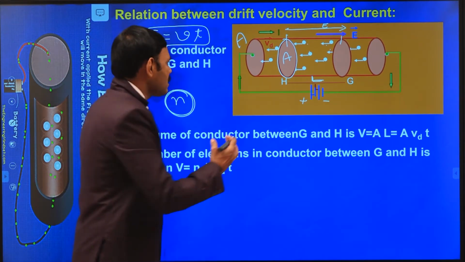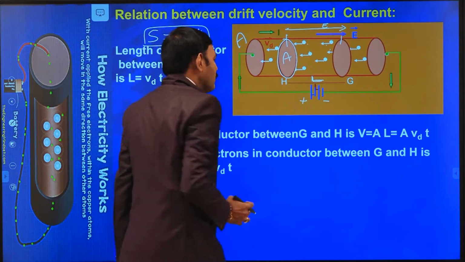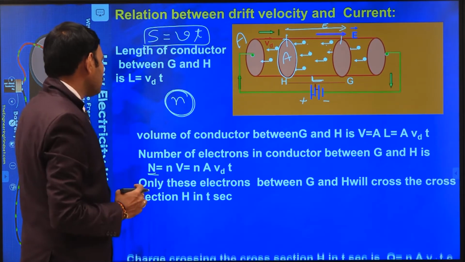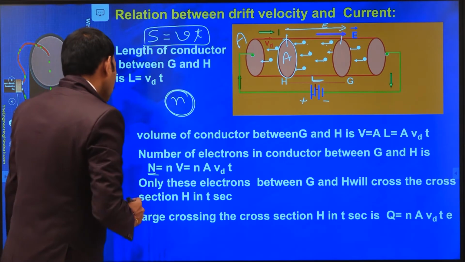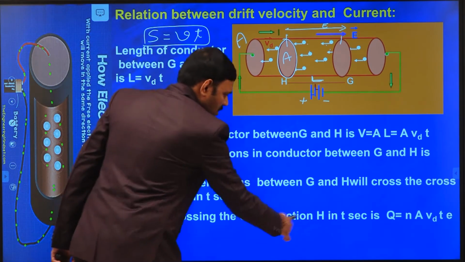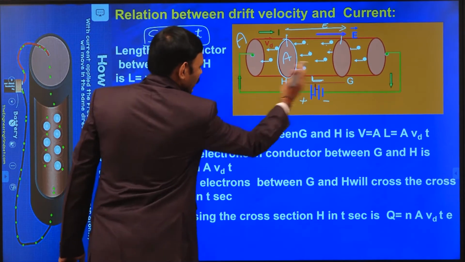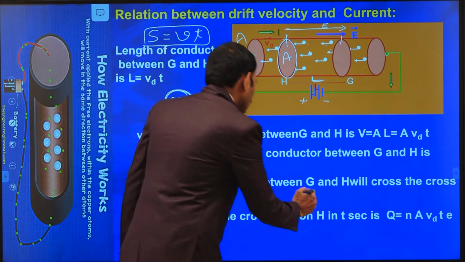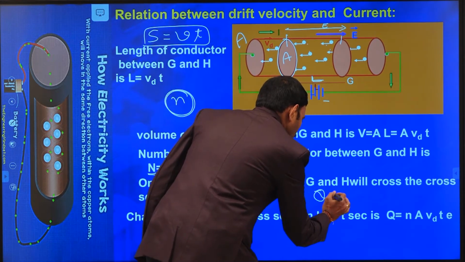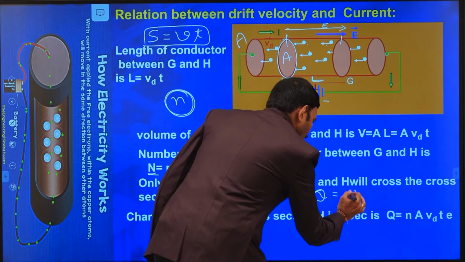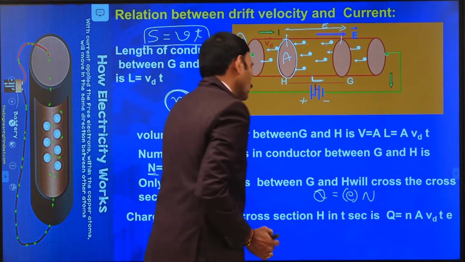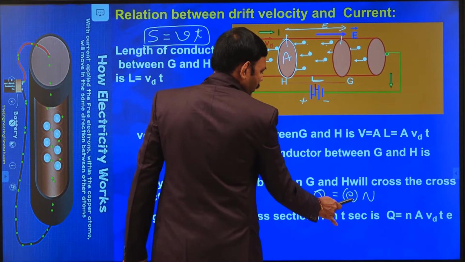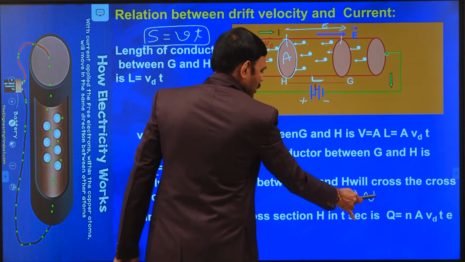Then the total charge flown in the given time between G and H: the charge of each electron is e, so the charge crossing the cross section from G to H in the given time is equal to the charge of each electron into the number of charges.